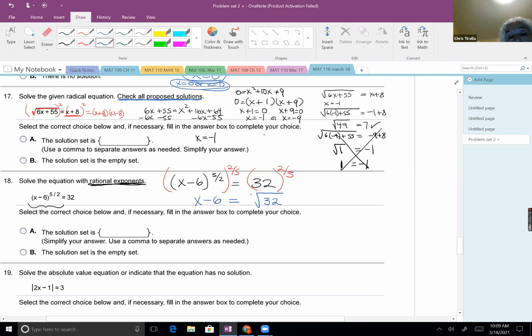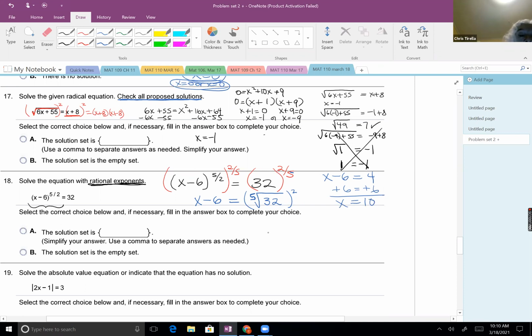That denominator becomes the index of the radical, and that numerator becomes an exponent. Well, the fifth root of 32 is 2. Squared is 4. So that gives me x minus 6 equals 4. And now that's pretty easy to solve. When I add the 6, I get x equals 10.